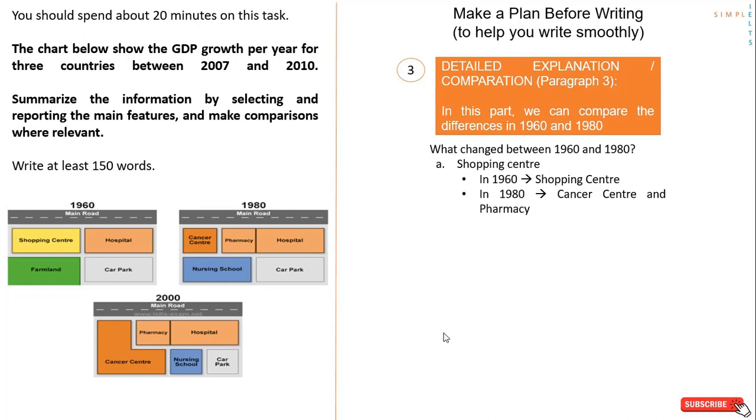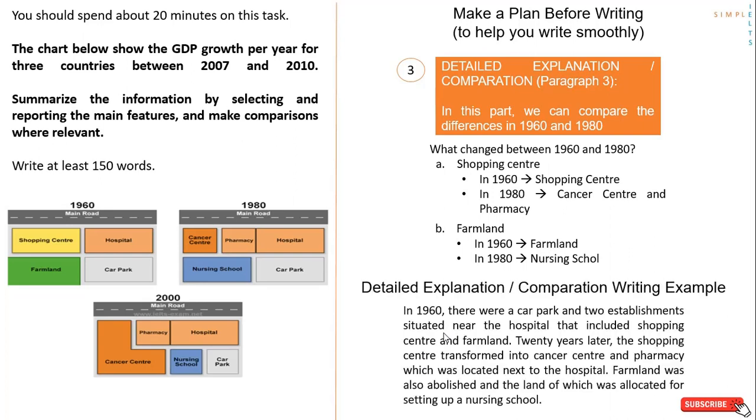In 1960, there was a shopping center, and then in 1980, it changed, or it transformed, into cancer center and pharmacy. And then farmland. In 1960, there was a farmland, and 20 years later, it became a nursing school. So how do we write this? We can write it like this, for example.